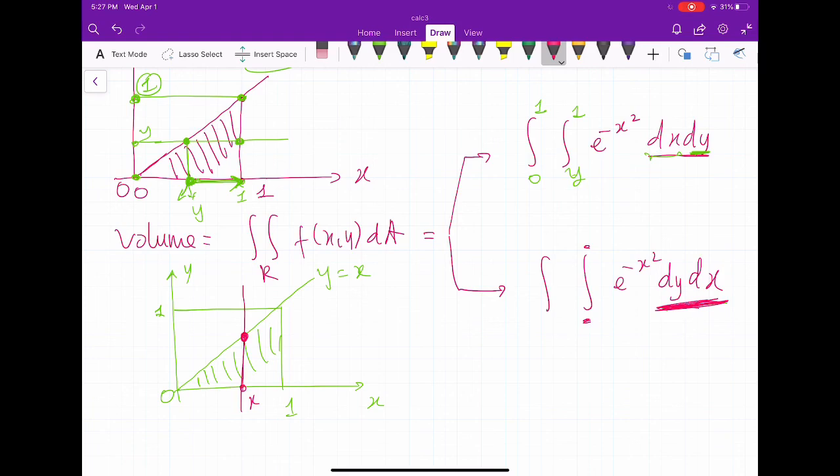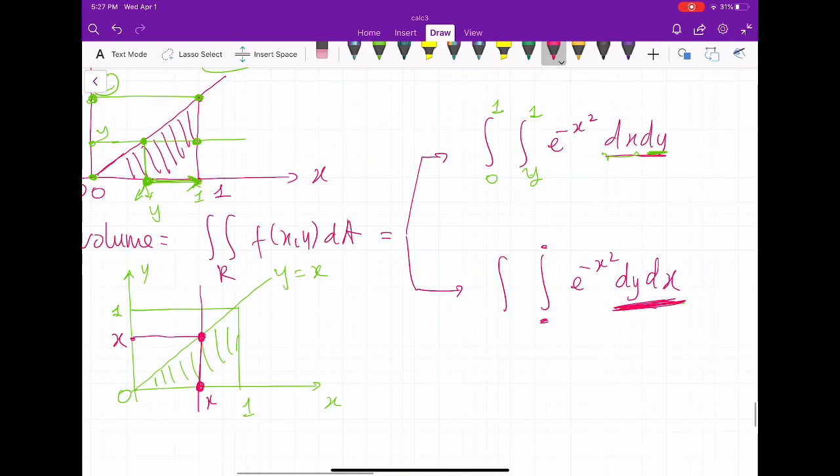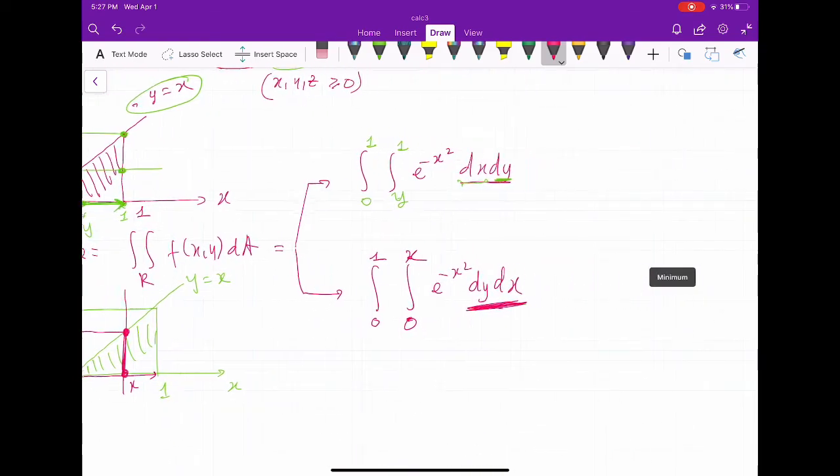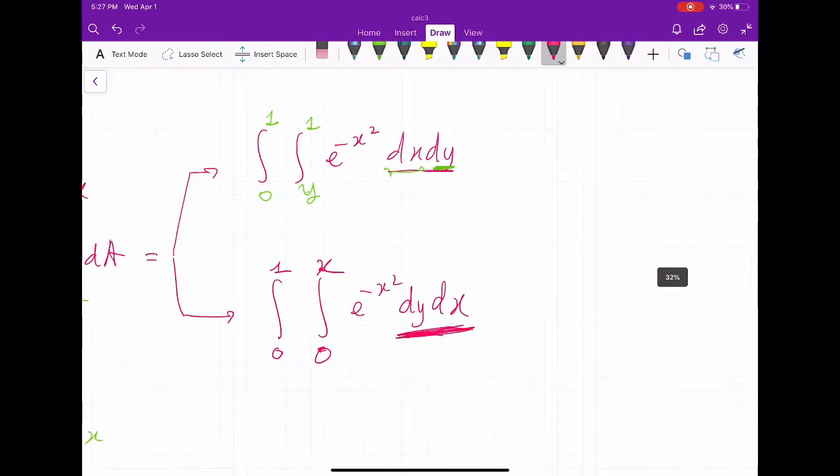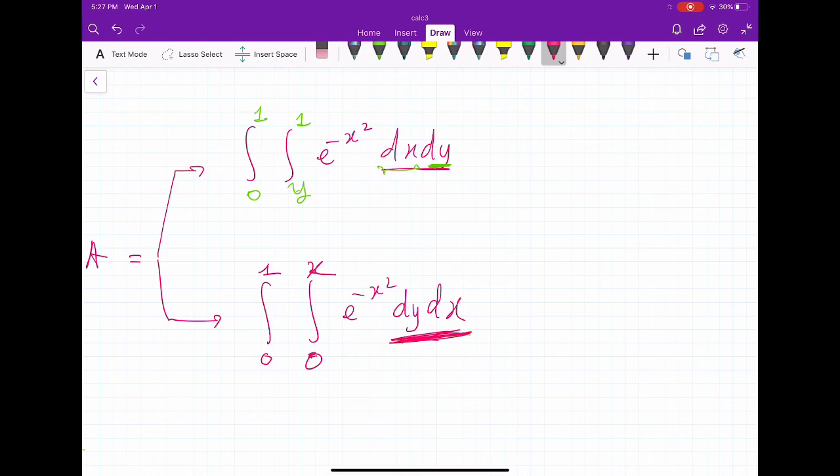I need to find this point, but this is also x. So if I fix x, the integral outside should be from 0 to 1 because we know this. The second one inside should go from 0 to x. From 0 to x.